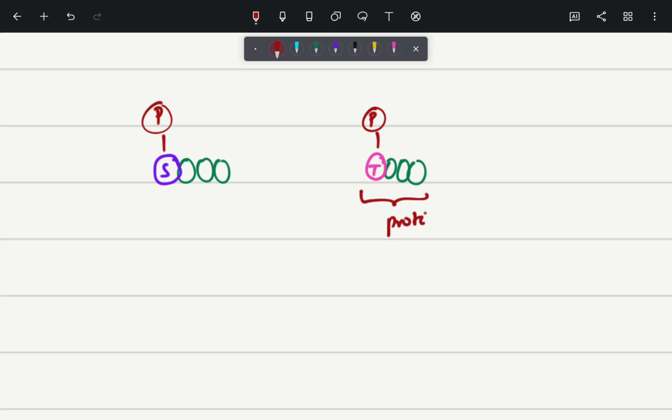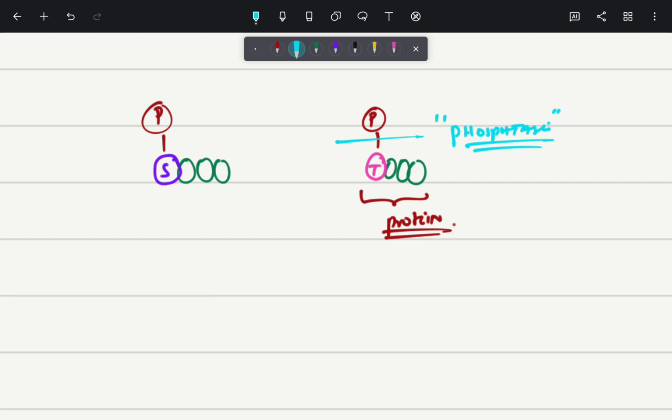So this entire thing is your protein. Now there are certain enzymes which can break this phosphate. Those enzymes which can break these phosphates are called your phosphatases.